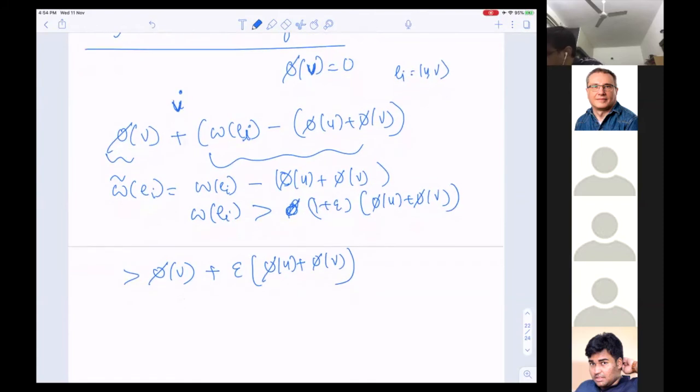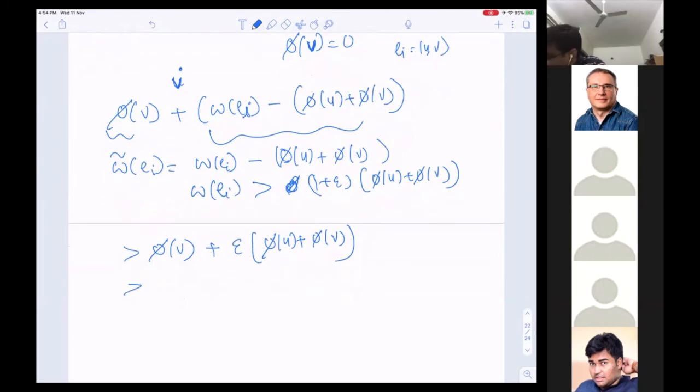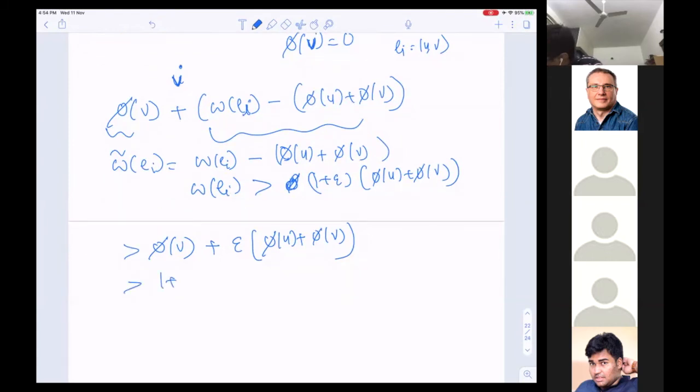Look, the weight of e_i is at least 1 plus epsilon times this. So if you expand it, this minus phi u plus phi v is at least epsilon times this. But this will give you 1 plus epsilon times phi V.